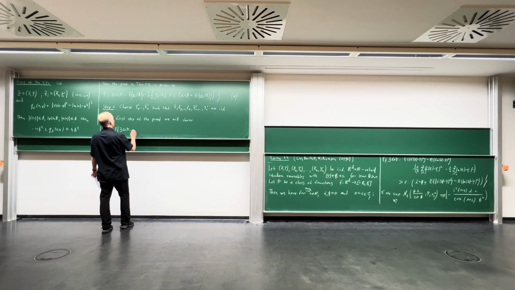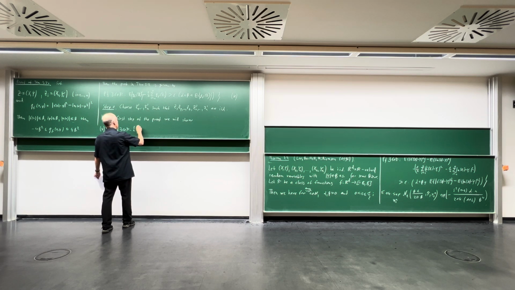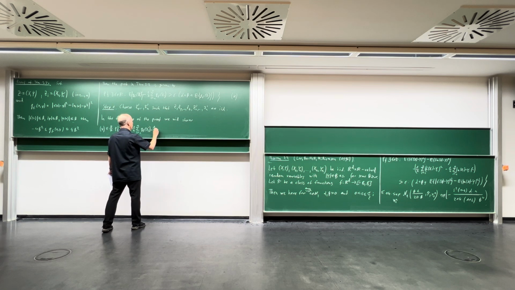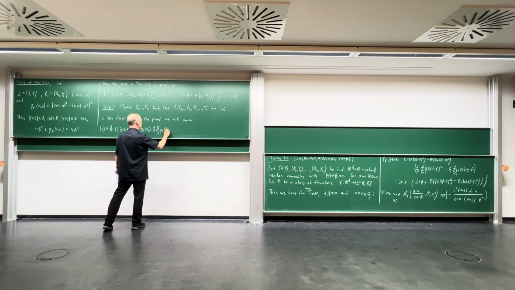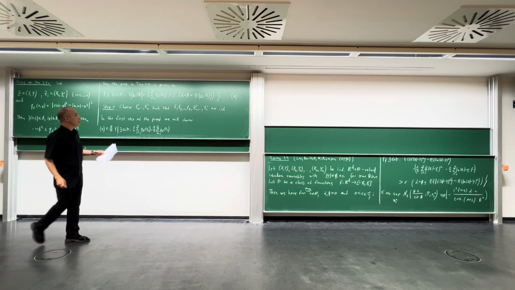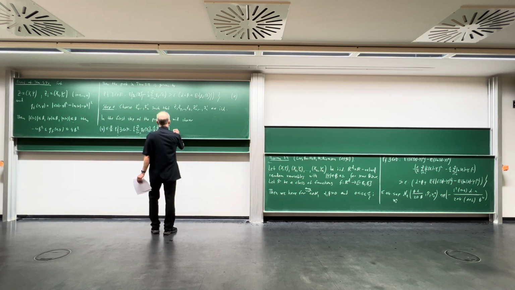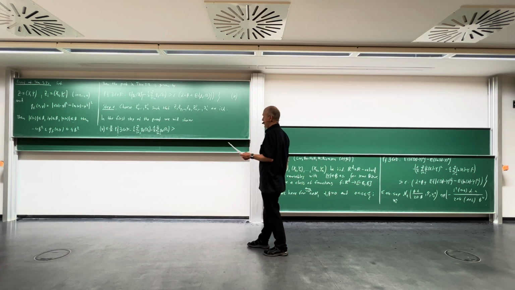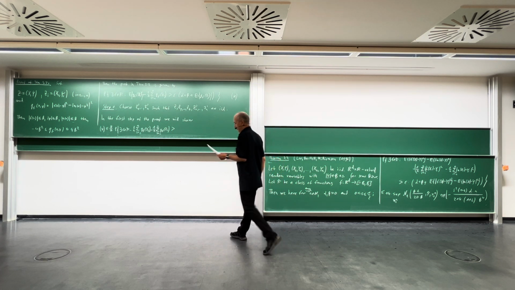So we have 1 over n, sum from 1 to n, g_f(Z_i prime) minus 1 over n sum of g_f(Z_i). And I will replace the right hand side, basically I will replace the epsilon by epsilon divided by 2.